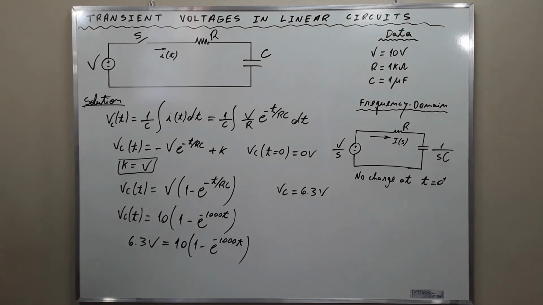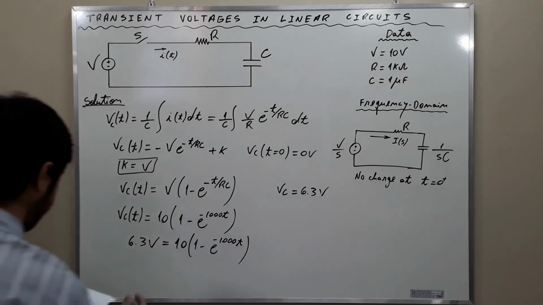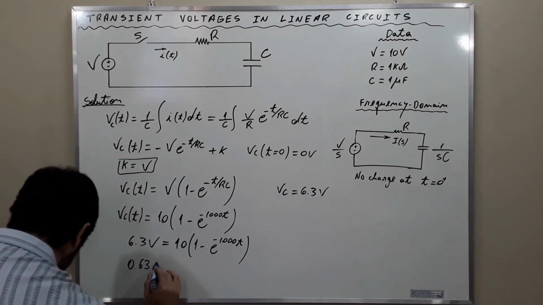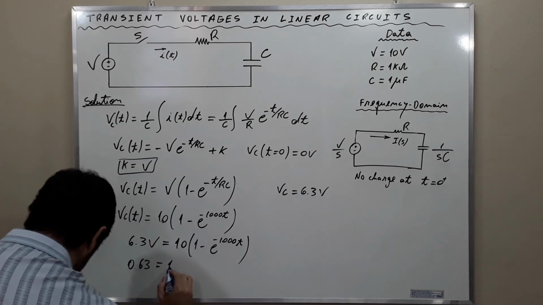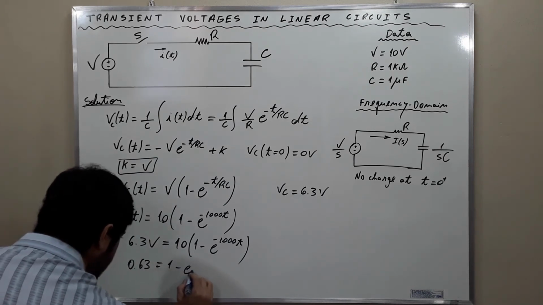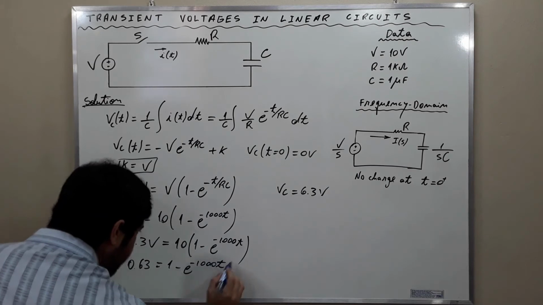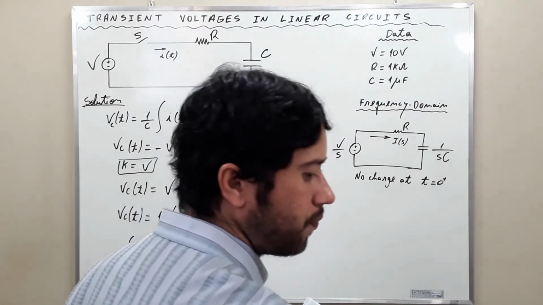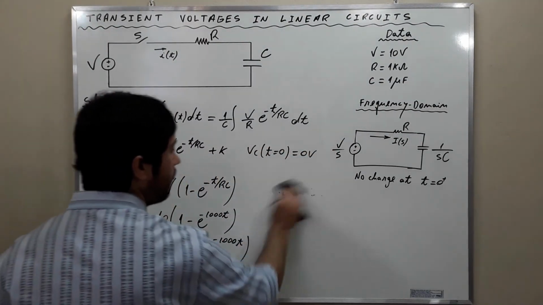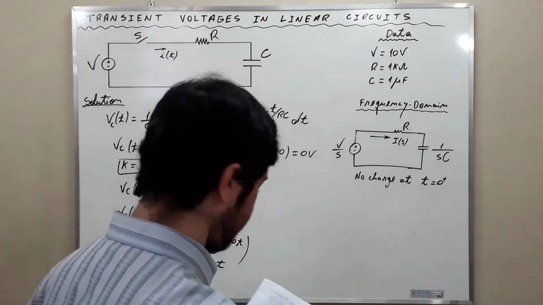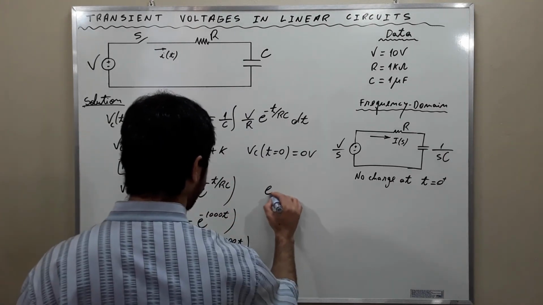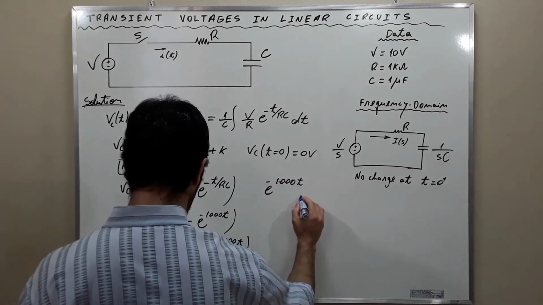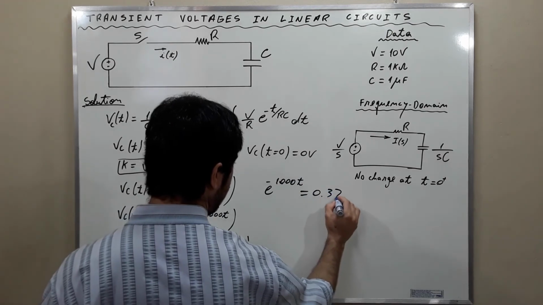And then we find that 0.63 equal to 1 minus e to the minus 1000 t. If we continue, we find that e to the minus 1000 t is equal to 0.37.